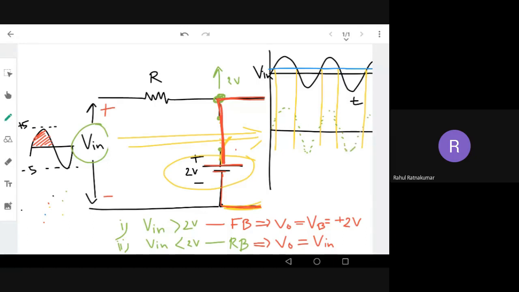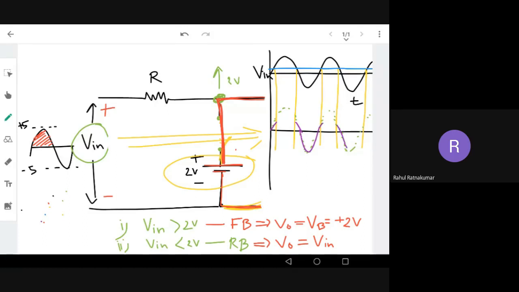So now we know that as input voltage is less than 2 volt, V output is V in. So all those places where my input voltage is less than 2 volt, V out is equal to V in. That means you can see here input voltage less than 2 volt, V in equal to V out. So here also V in equal to V out, and this also comes exactly till here, V in equal to V out.